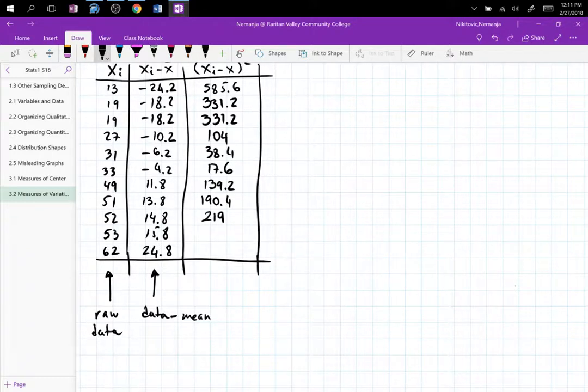It's 219.04, but yeah. 15.8 squared is 249.6.